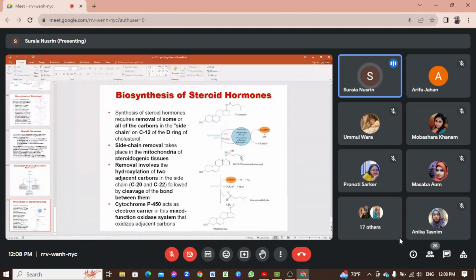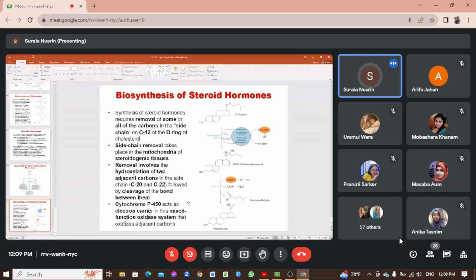The most important thing to keep in mind is that the reaction happening here causes the removal of the side chain by cleavage, which occurs between carbon number 20 and 22. Another important thing to keep in mind is that the reaction is providing electrons, and the electrons are eventually doing the cleavage of the bond.